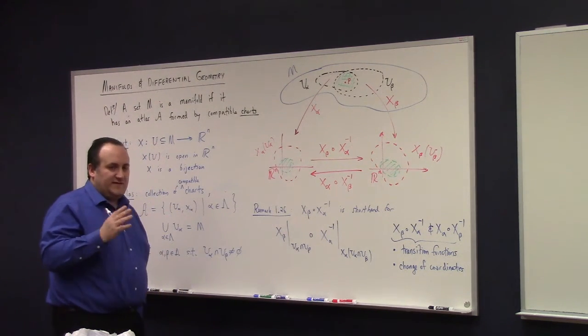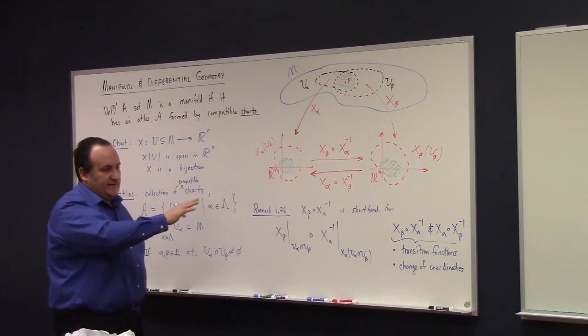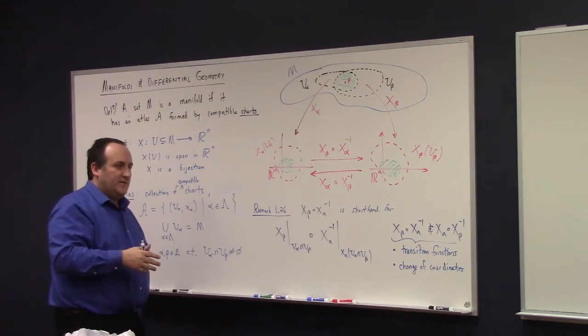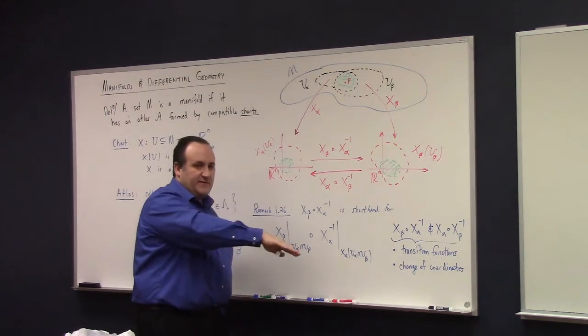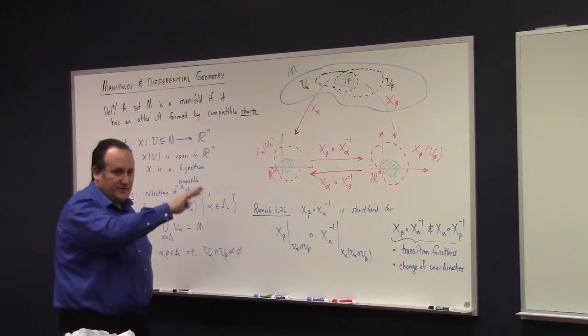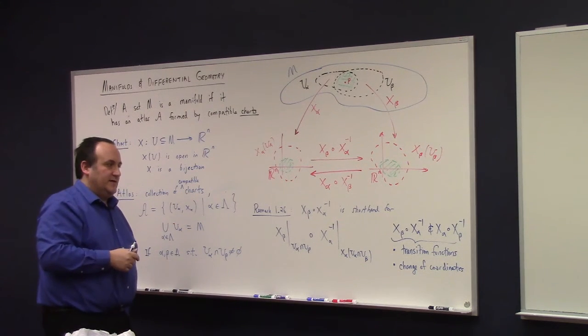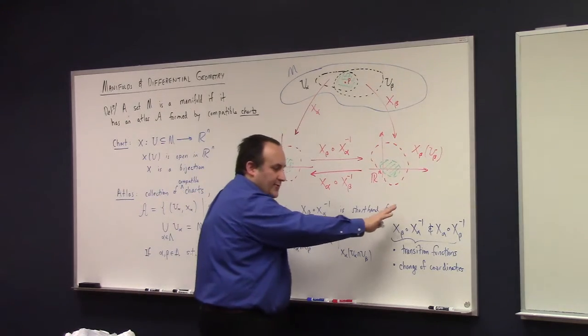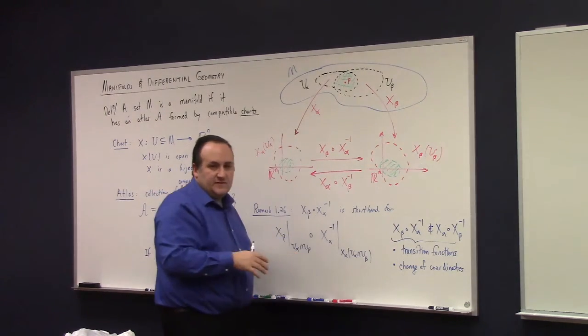If you have a so-called C1 manifold, then the transition functions would be once differentiable. A C2 manifold, twice differentiable. A C3 manifold, 3 times differentiable. A smooth manifold means that you can take derivatives of arbitrary order of the transition functions.